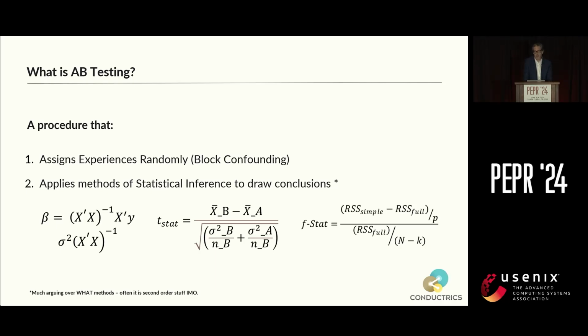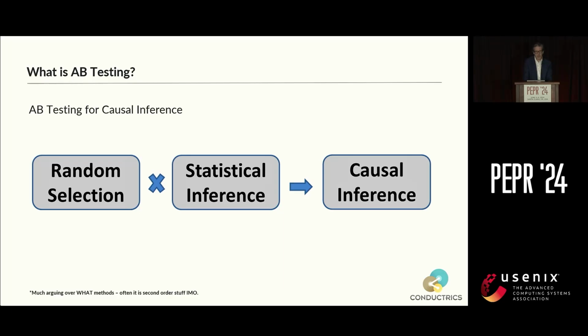And I'm going to make the claim that you can do all this good stuff on data that you've minimized, on aggregate data, as opposed to having to store the data at the individual level. That has a lot of nice properties. So at a high level, random selection coupled with statistical inference is what gives you causal inference, and that's what we're looking to do.